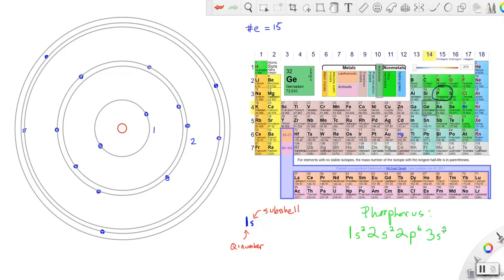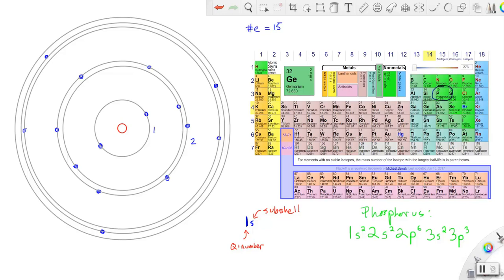We put 2 electrons in that, and then we moved on to the next part of the n equals 3 shell, and that has a P, and we're only able to fit 3 electrons in there. Now that could go all the way up to 6 if we wanted, but we've only got 15 electrons, since this is phosphorus.